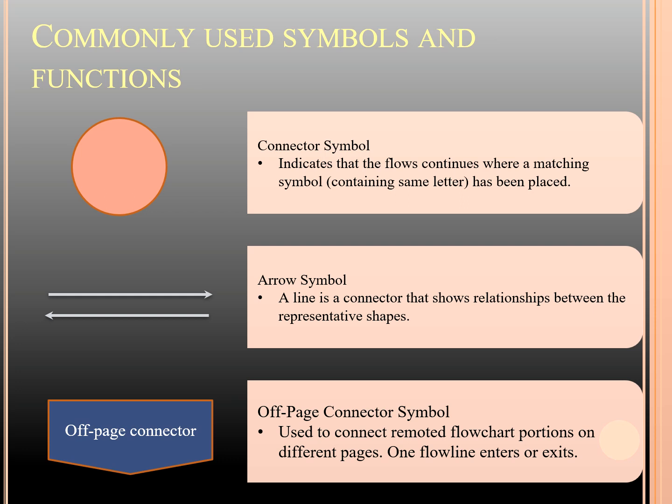So we have here the connector symbol. It indicates the flow to continue where the matching symbol or the same letter that has been placed. Then we also have the arrow symbol, a line which connects or shows relationship between the representative shapes.